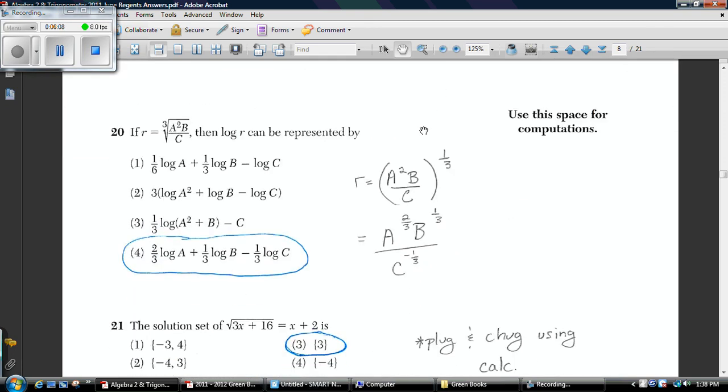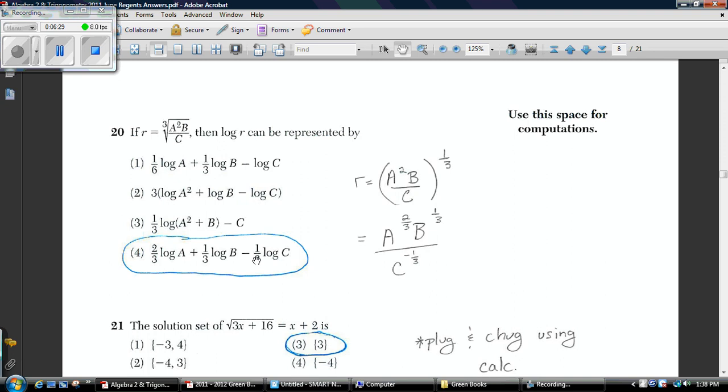This guy right here, well, first we're going to take this and convert it into exponential form, and then we're going to use the laws of logarithms. When you have two bases being multiplied in logarithmic form, that's addition. The exponential powers of the bases come out in front.